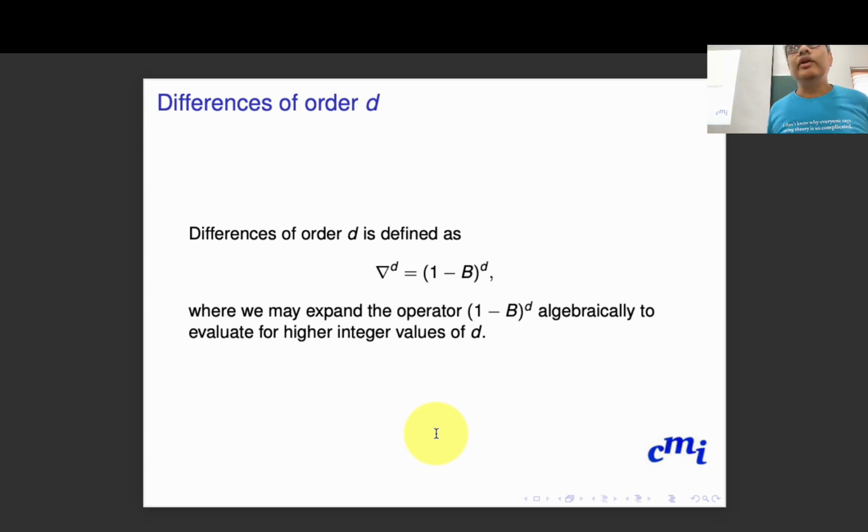One more minute and we'll stop on this slide and continue on Thursday. The difference of order d is defined simply as nabla^d equal to (1 minus B) to the power d, where we may expand the operator (1 minus B) to the power d algebraically to evaluate the integer value of the terms.